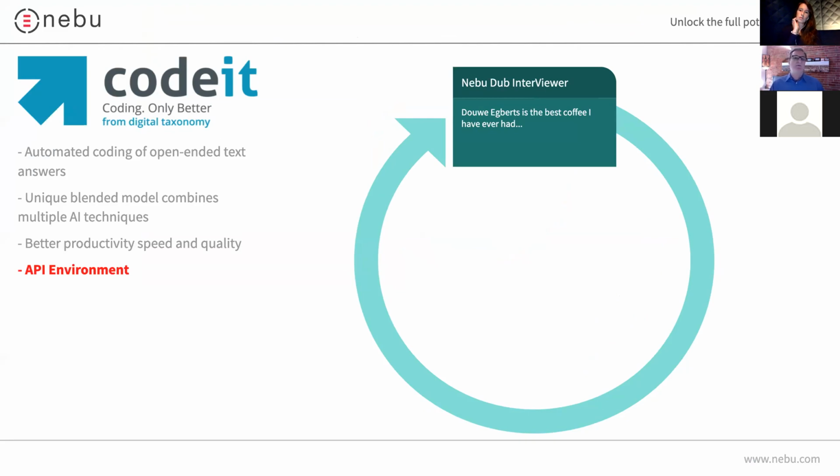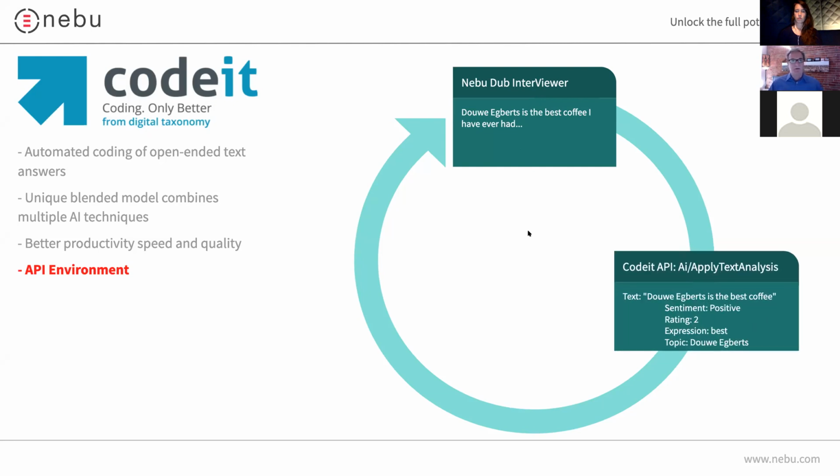And most of our focus is not on replicating that ancient tradition of verbatim coding, but trying to figure out ways to automate the human decisions that are being made. So we'll just focus on the API side of this right now. This is the general cycle. The Nebu InterViewer package sends a comment to the API.